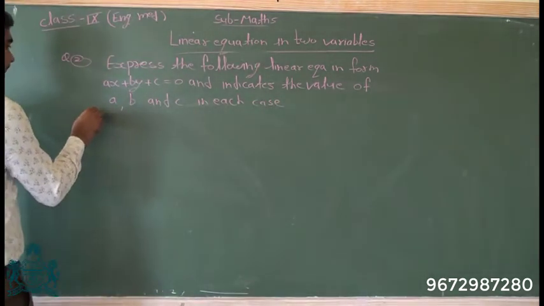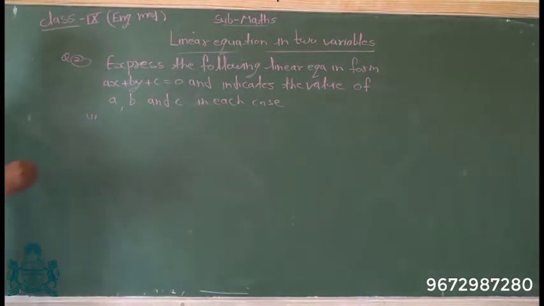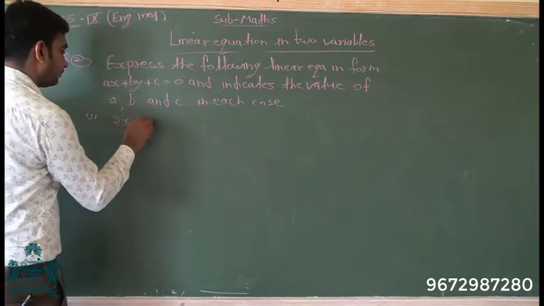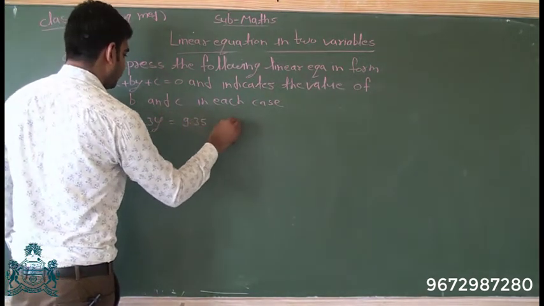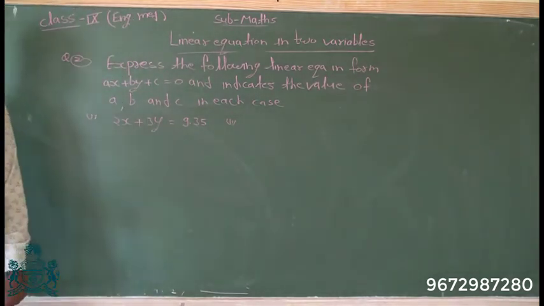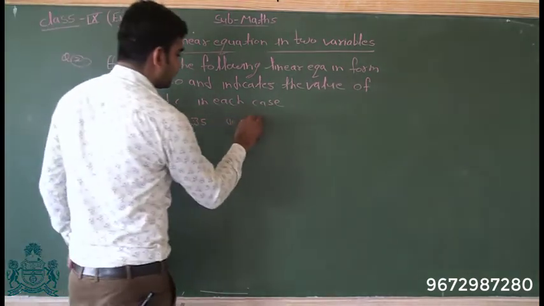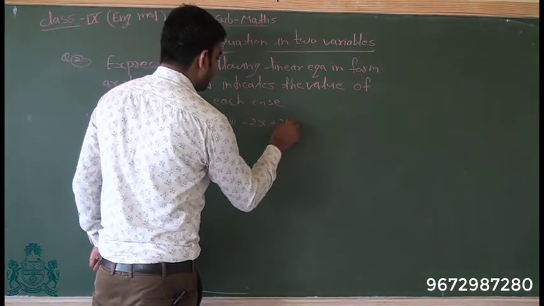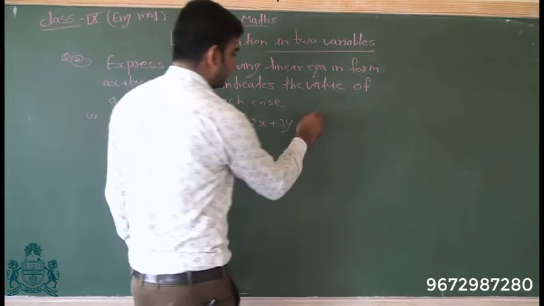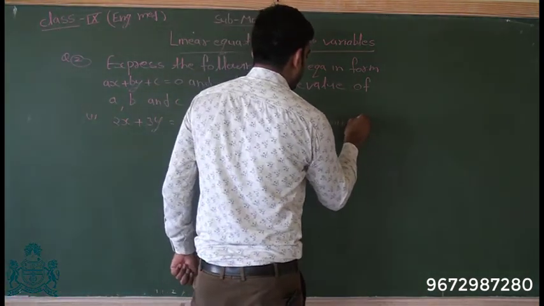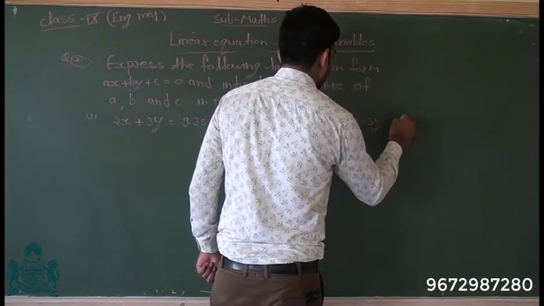First, 2x plus 3y equal to 9.35. Second, minus 2x plus 3y equal to 6. Third, x equal to 3y.